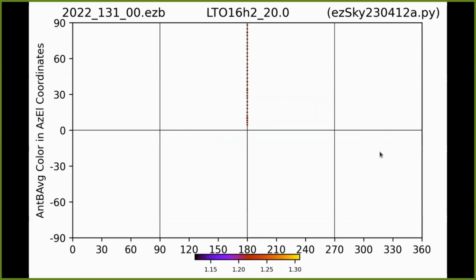When plotted on an azimuth and elevation plot, it looks pretty dull. It's got a whole bunch of points at 180 degrees on the south. They're all above the horizon, of course, and looking at several different elevations going up.